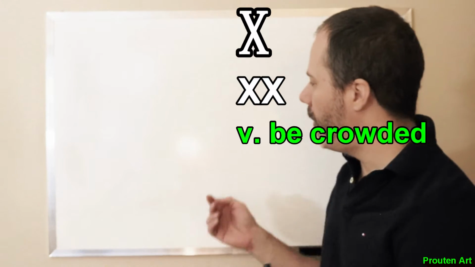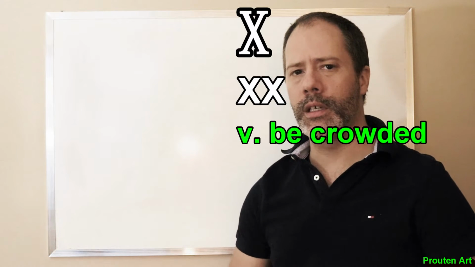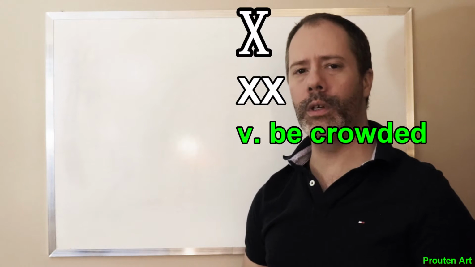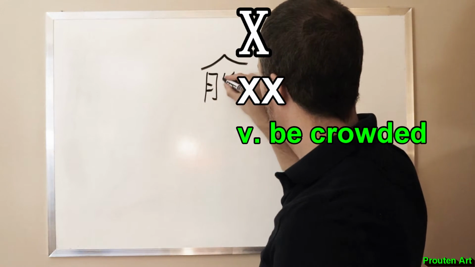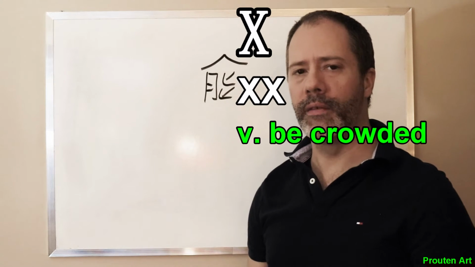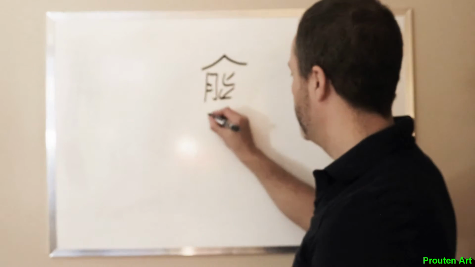So I went in front of my whiteboard and drew what I thought was qian. I came up with this character, which is obviously not the one I was looking for. In fact, the one I was looking for is this one.